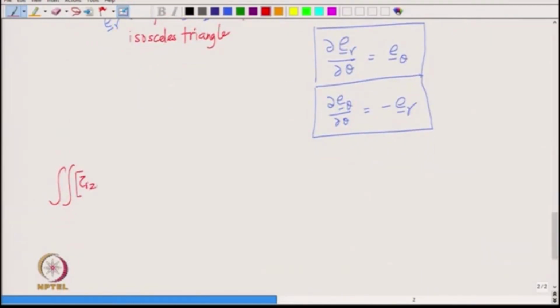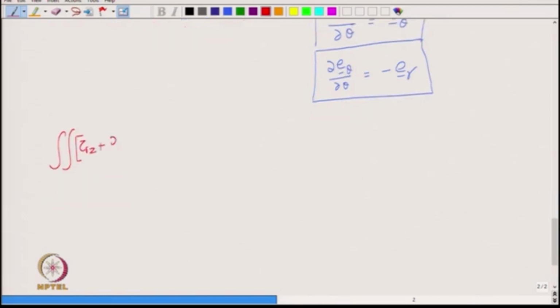So, tau rz plus del tau rz over del r into zeta plus del tau rz over del theta times eta plus del tau rz over del z times delta z by 2, into, you had the Taylor's expansion of E r.